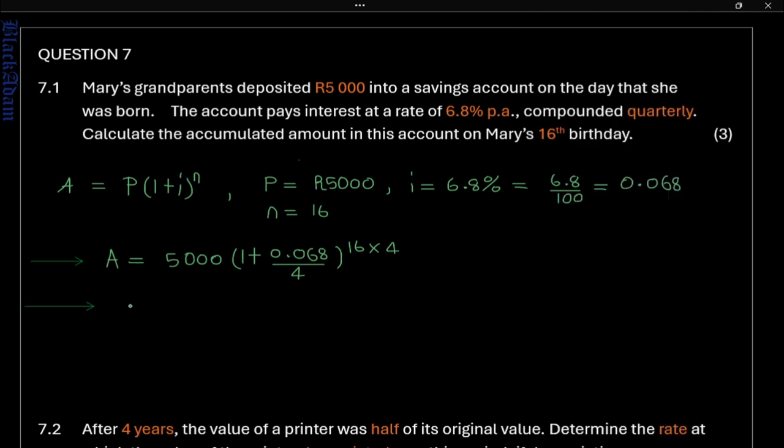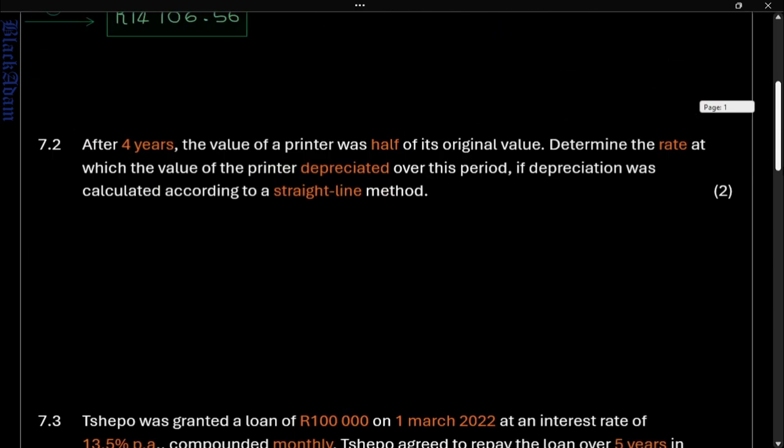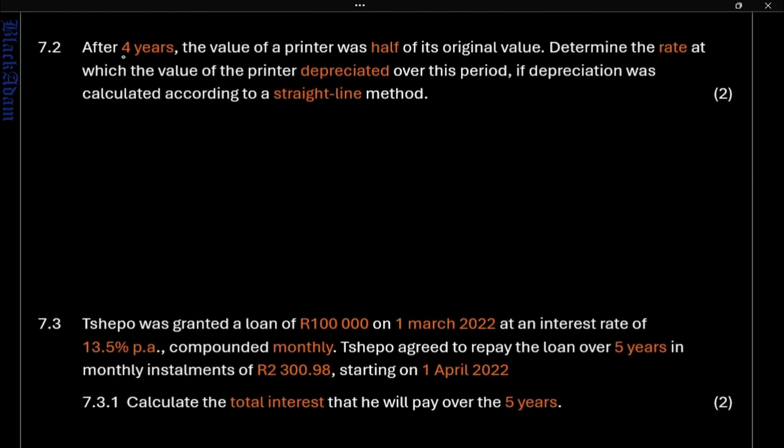It's 14,706 and 56 cents, rounded off to 2 decimal places. So that's step 1 and step 2, and then we go on to the next question.